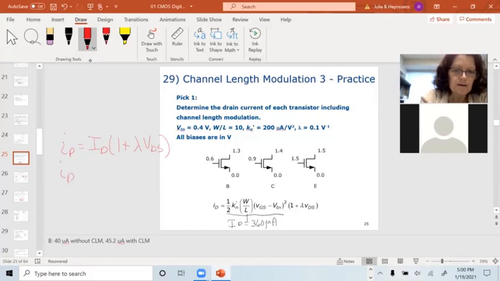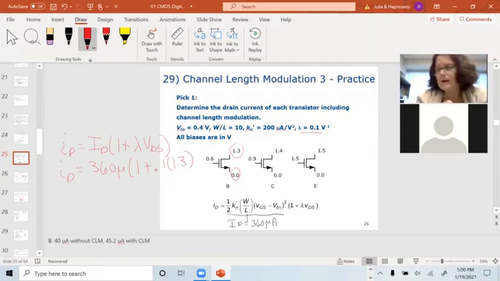My big ID was that part of the equation, so I'm not going to calculate it again. 360 micro times 1 plus lambda, which is given as 0.1, and in this case VDS is 1.3 minus 0, is 1.3 volts. I calculate the new current, and it comes out to be 406.8 microamps. Quite a difference. You're talking 10% difference in current.